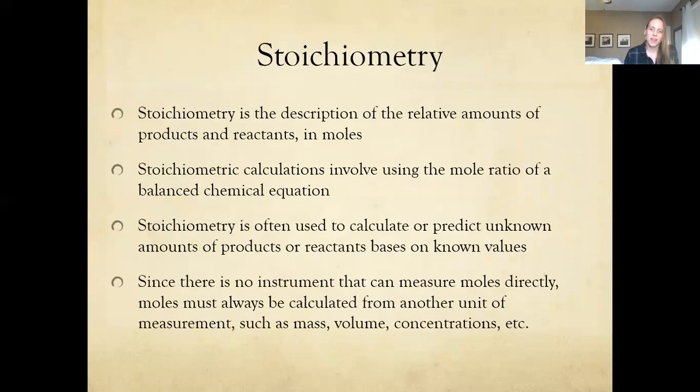So like I said, stoichiometry is essentially just finding the relative amounts of different things using mole ratios. Of course, to use the mole ratio, we have to start with a balanced chemical equation so that we can then see the relative amounts of our products and reactants.